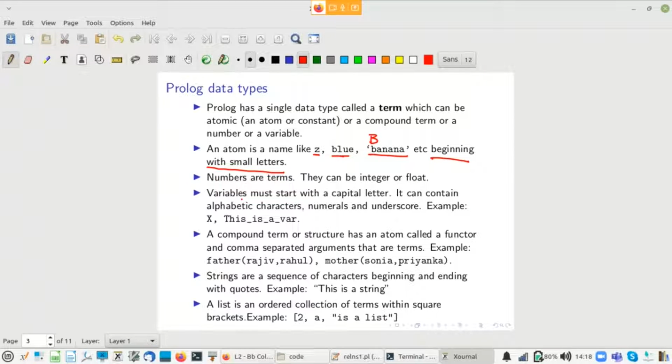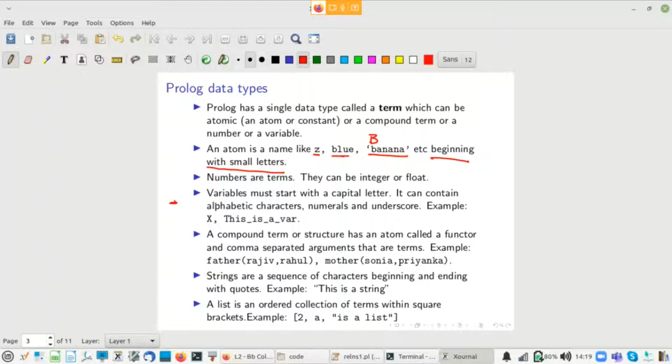Variables are also terms. Variables again are sequences of characters which must start with a capital letter, as distinct from atoms, which must start with a small letter. Variables must start with a capital letter, or they can start with an underscore. Underscore is also a variable by itself.